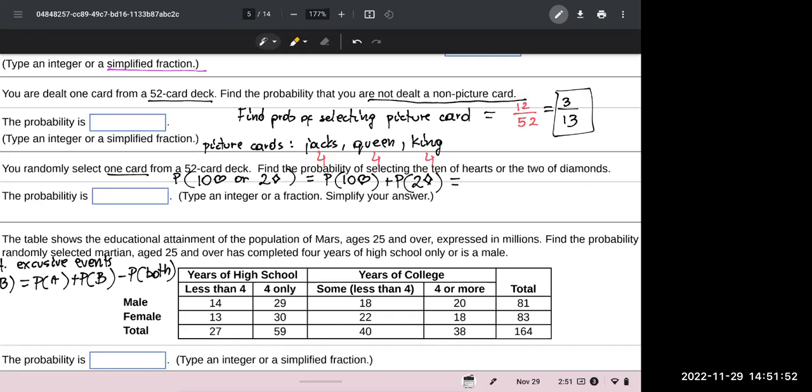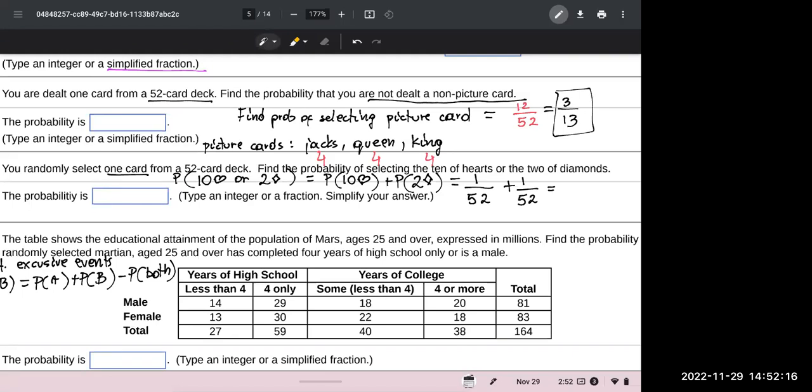So there is 1 card, the 10 of hearts. So the probability that I select the 10 of hearts is 1 divided by 52. Or plus I may select the card which is number 2 with the shape of diamond. So it's only 1 card like that out of 52.